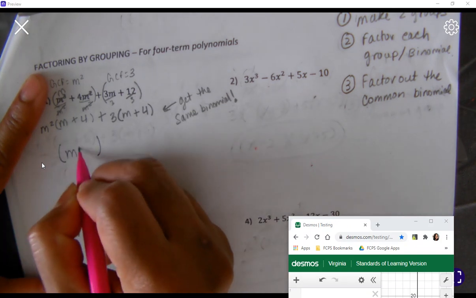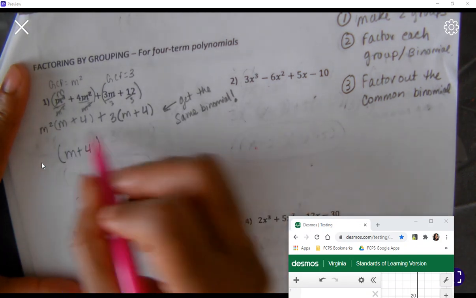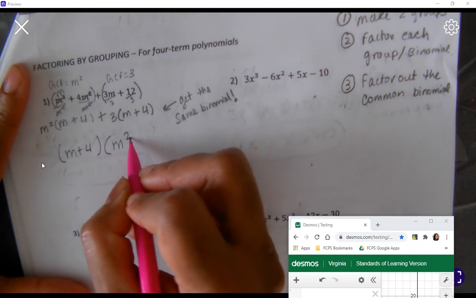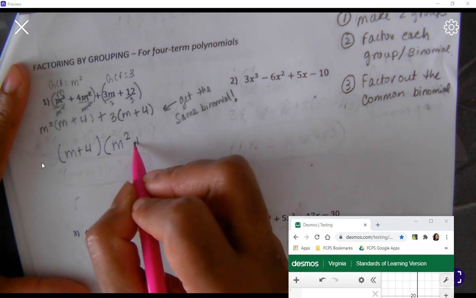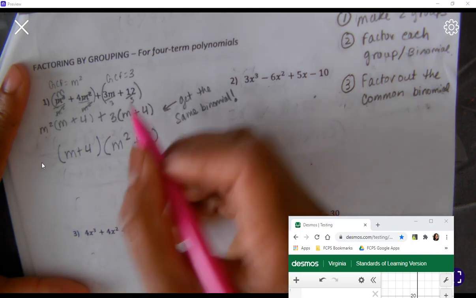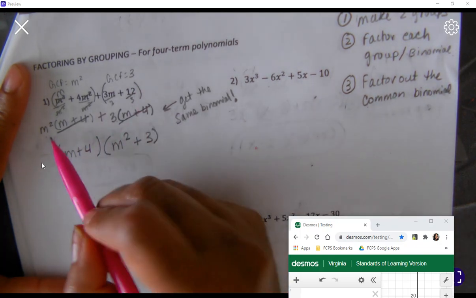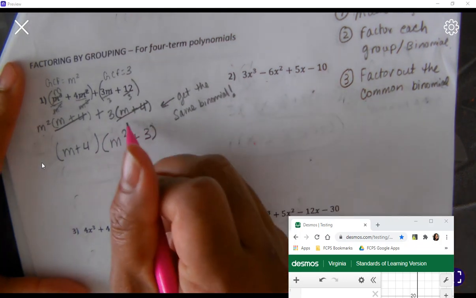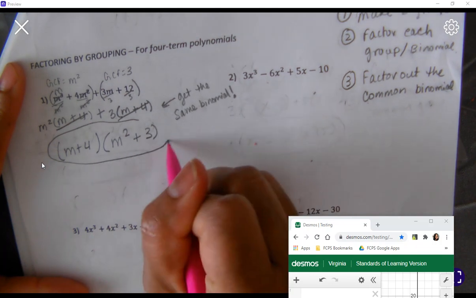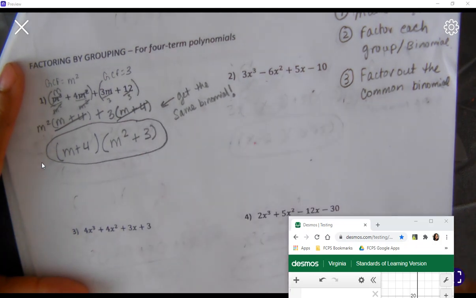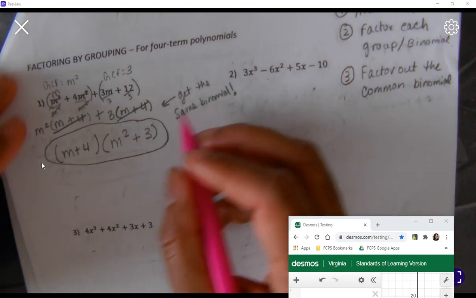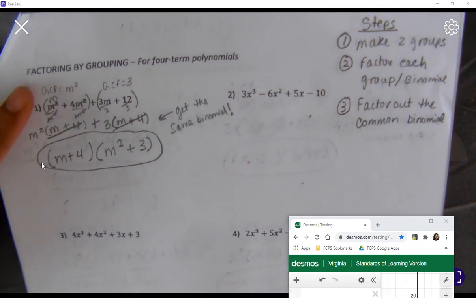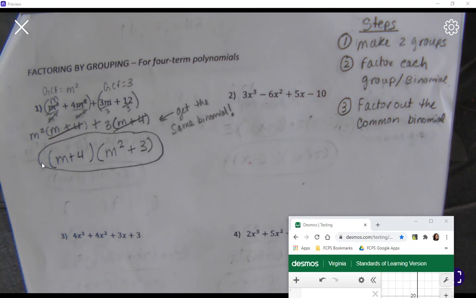You just write it once, and when you factor it out, you have this left over, which is m squared plus 3, since these 2 go away. You rewrite it right there, and that is my factored form. If you don't get the same thing, then we did something wrong with factoring our binomials out.